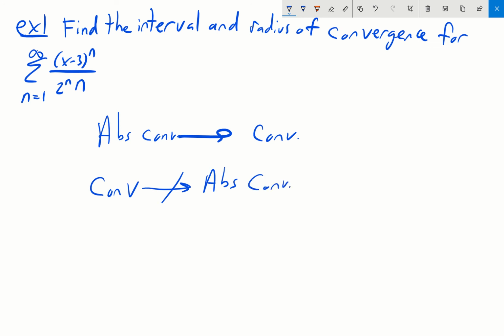To give you an example of this, consider the alternating sum, the summation from n equals 0 to infinity of (-1)^n over n. This series converges via the alternating series test.